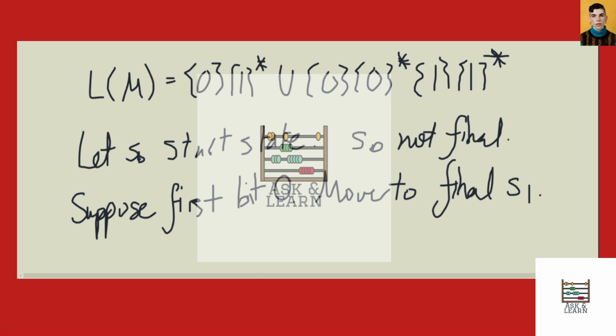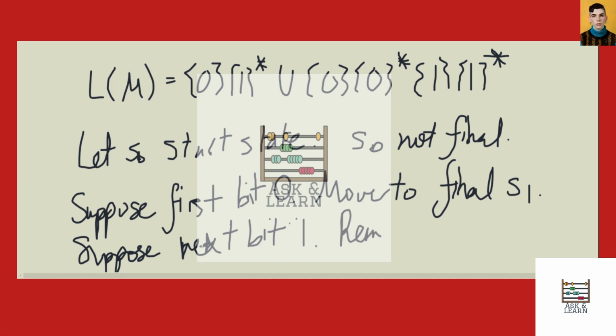Now, if the next digit is a 1, then we'll remain at S1, because 0 followed by any sequence of 1s should be recognized. So suppose that the next bit is a 1, and we're going to remain at S1.